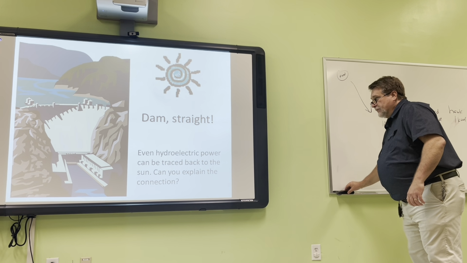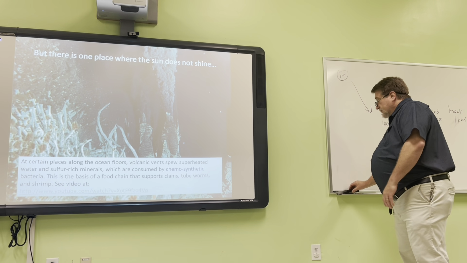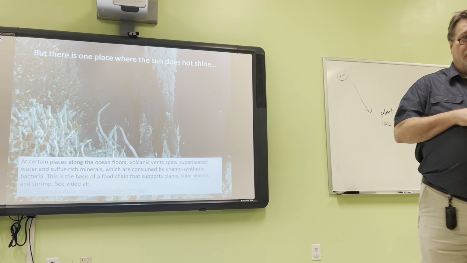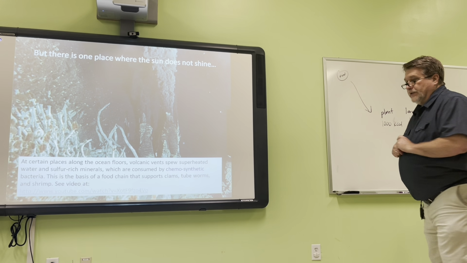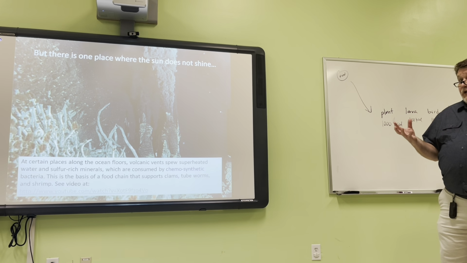but I can see where that might be a good exception. There's definitely no doubt that there is one place on Earth where the sun does not shine, and yet life thrives: these so-called hydrothermal vents in deep ocean environments. I've got a short YouTube video that explains what this environment is, when and how it was discovered, and the fact that as far as we know, there's no solar energy involved.